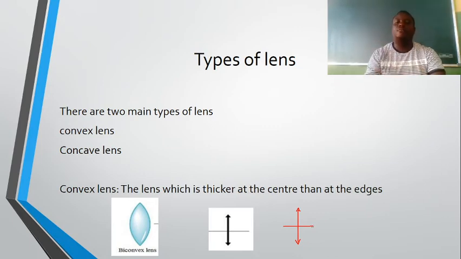We refer to them using this sign, because drawing the full lens can take time, but drawing this is very easy. Try it out with your own pens. You will see this is very fast. So this is a symbol used to refer to convex lenses.